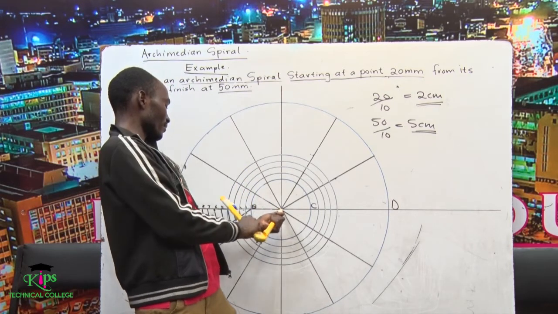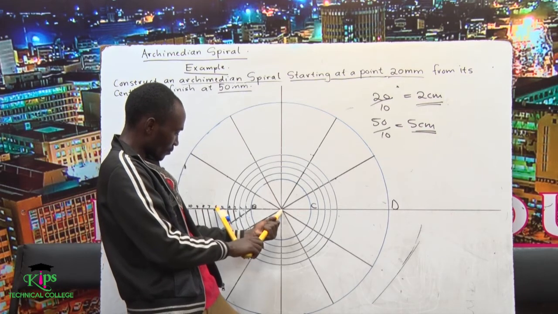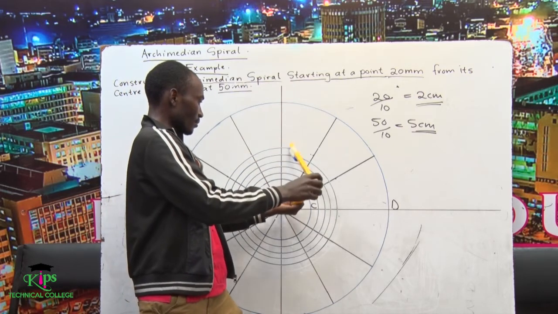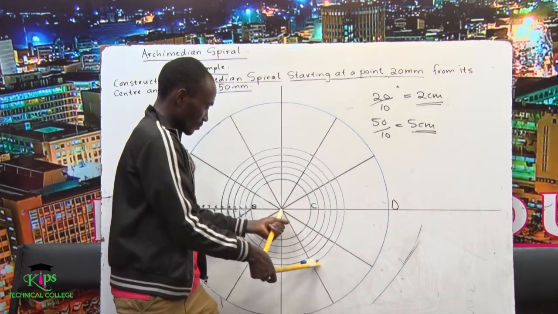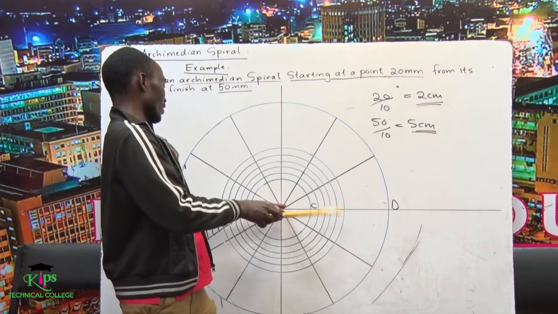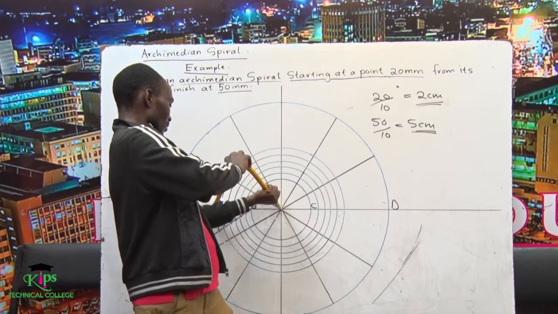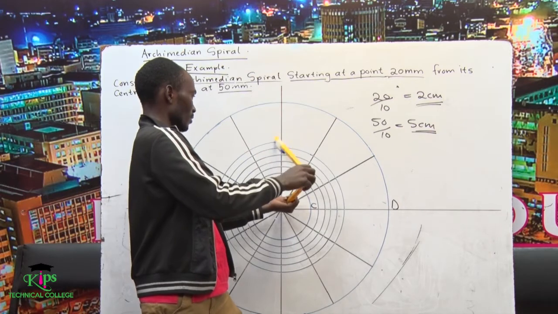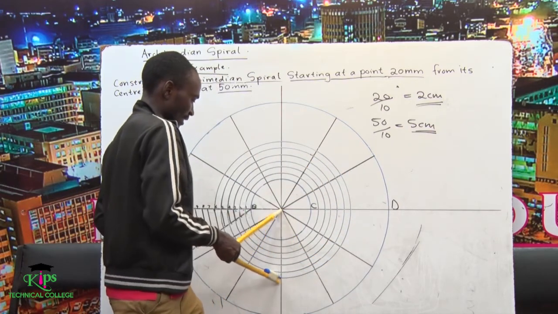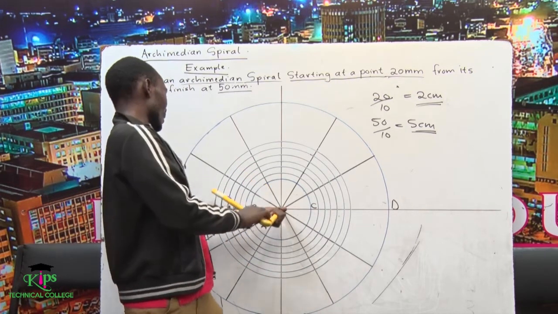Then to point 5. Draw another circle. Then to point 6. Draw another circle. Then to point 7.